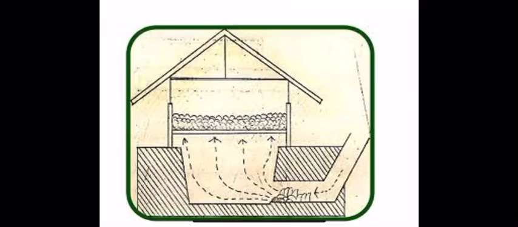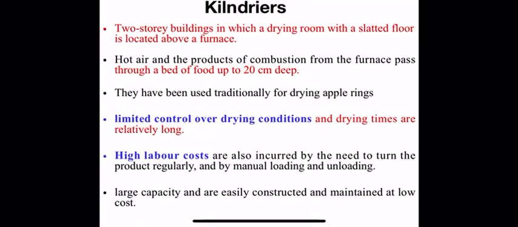The wood is burned, or sometimes steam or water is evaporated, and it is used as a heating medium to heat the foods. So the hot air and the products of combustion from the furnace pass through a bed of food up to 20 centimeters deep, and they have been used traditionally for drying apple rings.